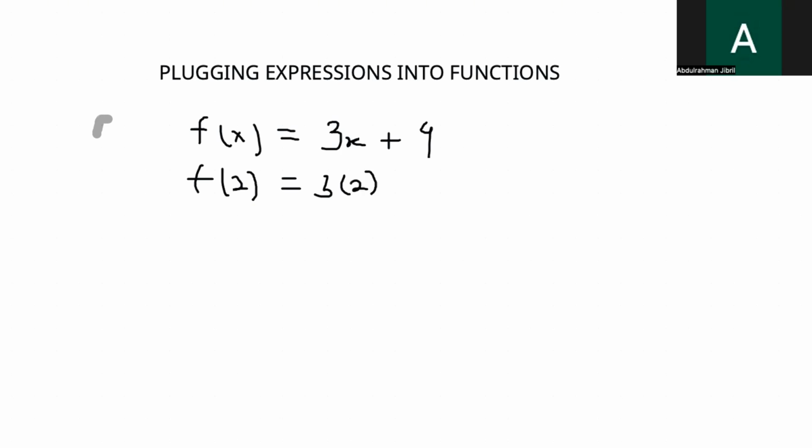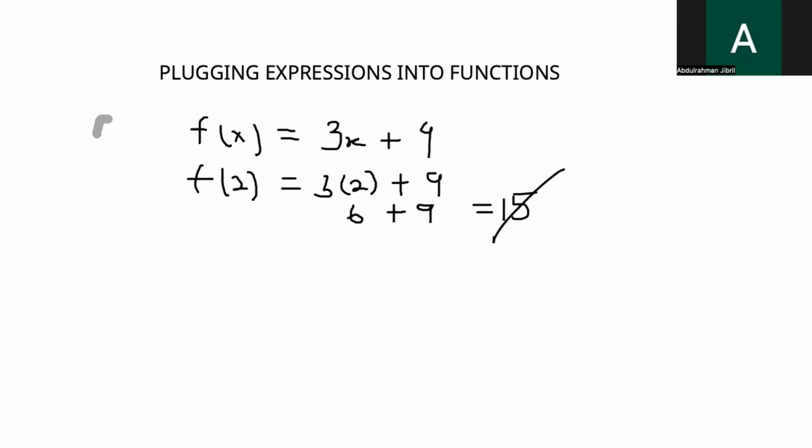Now this would be 6 plus 9, making 15. When you are asked to find f of 3, you do the same thing. 3 times 3 is 9, 9 plus 9 is 18. f of 10 would be 3 times 10, 30, 30 plus 9, 39.